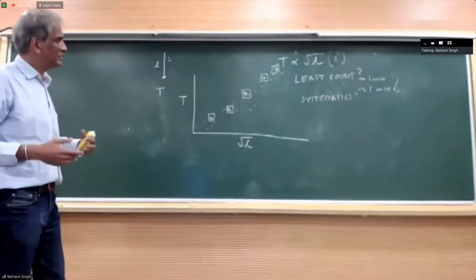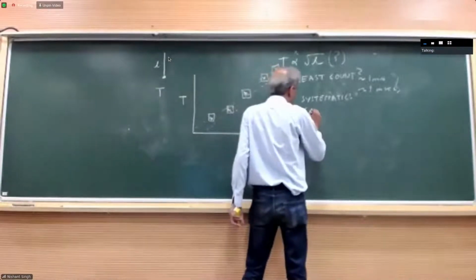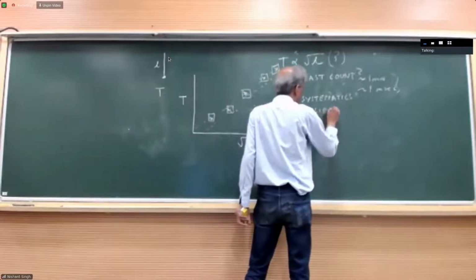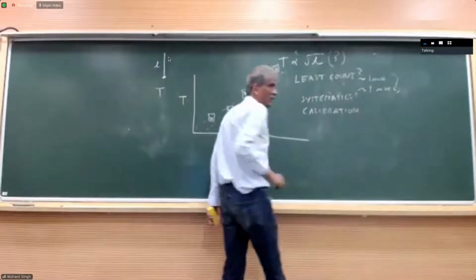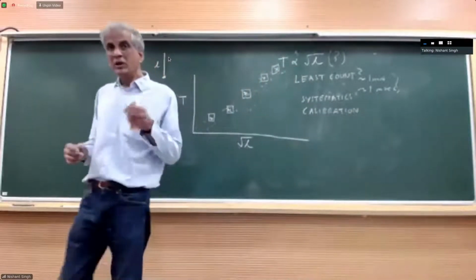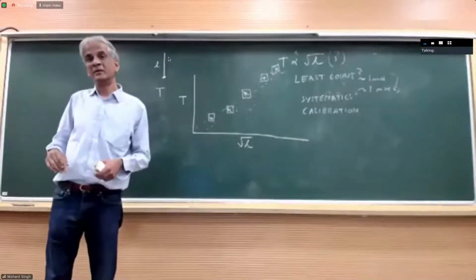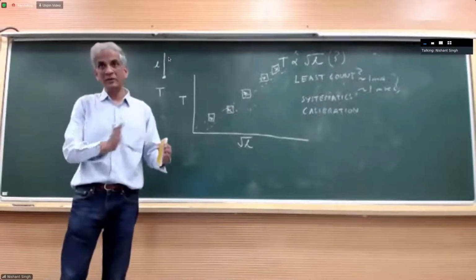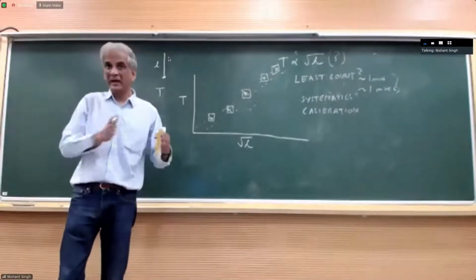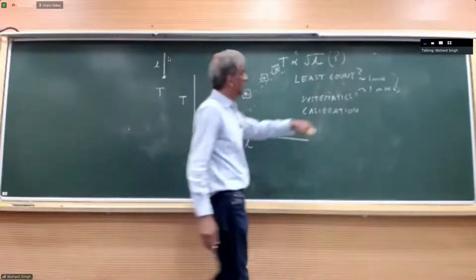This whole process is called calibration. So you now have to do another experiment, completely independent, to find out whether the ruler you're using has equal spacings or not, and whether each of the spacings actually corresponds to 1 millimeter or not.